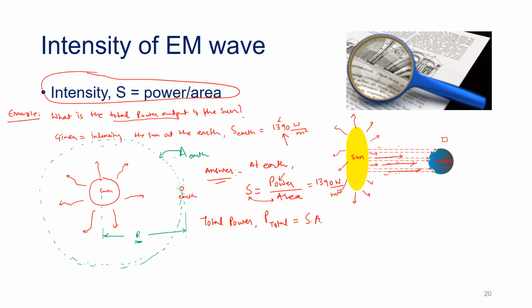So we'll say that this is the A sphere, area of the sphere. Let me correct this. This is your circumferential area of the sphere.